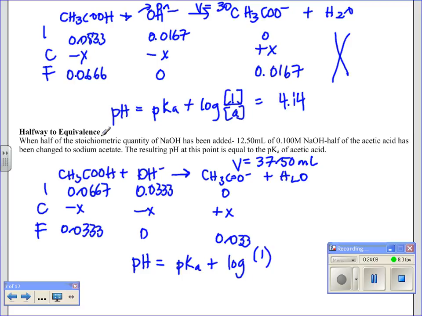So halfway to equivalence, the pH is always equal to the pKa of the acid. If you recognize this special scenario, you'll be able to save yourself significant time in making calculations, because you can simply report that if you're halfway to equivalence, the pH is equal to the pKa.